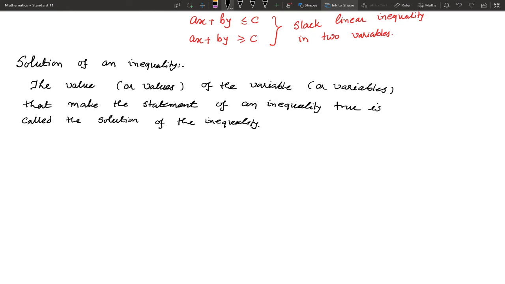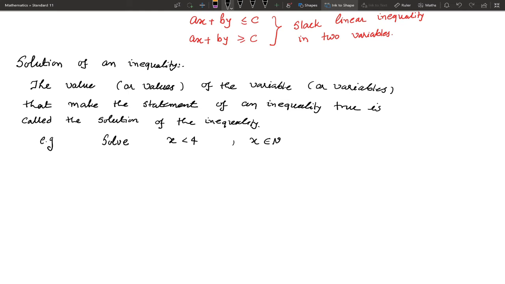As for example, we consider one simple example. Solve x less than 4, x belongs to N, where we know that capital N is the set of natural numbers.